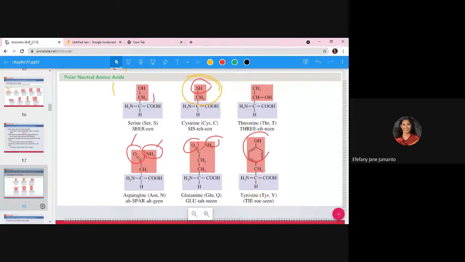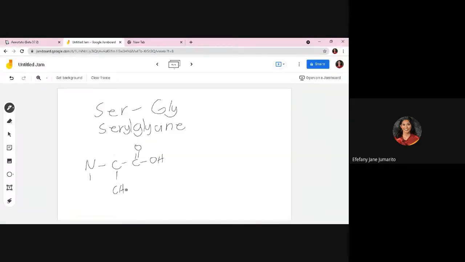What's the R group of serine? CH2OH. Then NH2. Now, what about glycine? If we have glycine, H. Glycine is the simplest amino acid because what is its side chain?